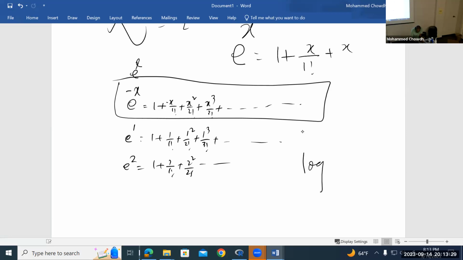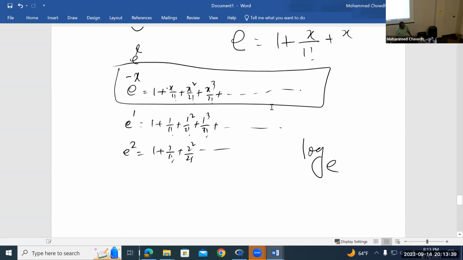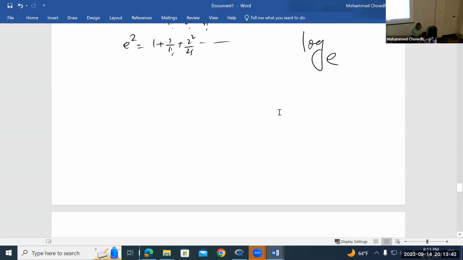Now, what is this? They said log of e. So what is the definition of the log? This is the basic thing. If e to the power x equals y, then we define log of y with base e equal to x.